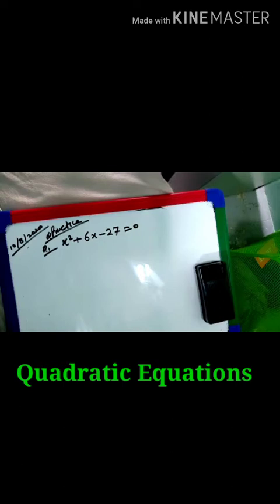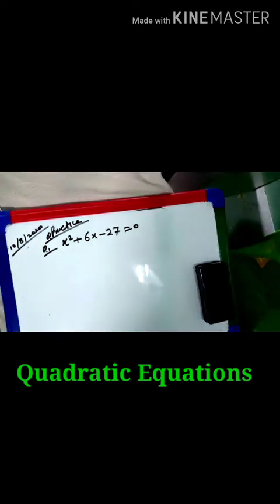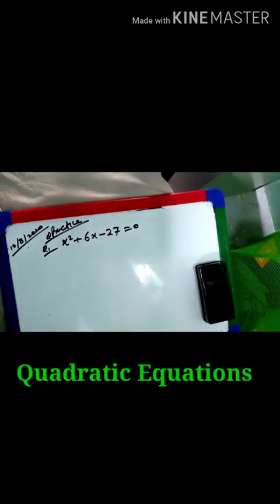Where has it gone? Okay, x minus 3. Minus 3 plus 9. So if you take 9 common as positive, there is no change of sign. Minus 3 plus 9. MashaAllah, very nice, Maheen. You are learning well.